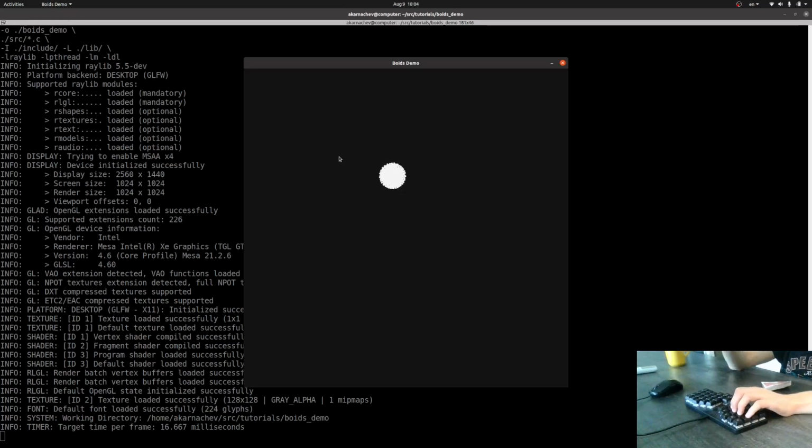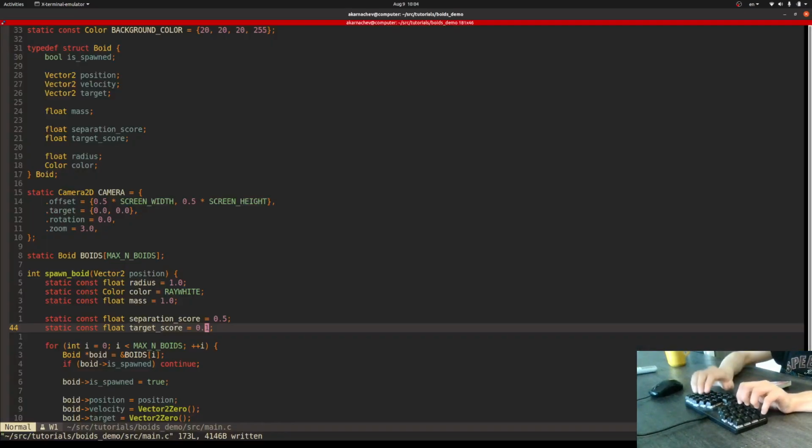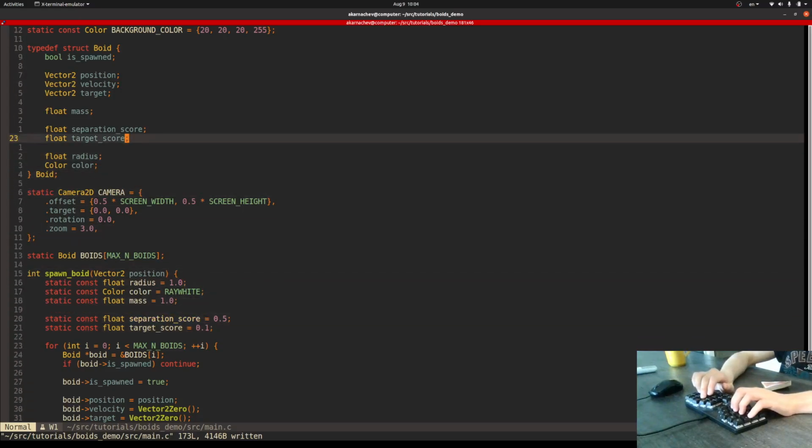Now, as you can see, we want to find the balance between separation and following the target. But also, by the way, I think we need to introduce the notion of minimum speed and the notion of maximum speed. Imagine that Boids are just birds or some creatures in the ocean, and they kind of cannot stop in one place.